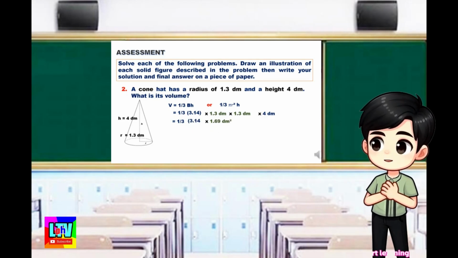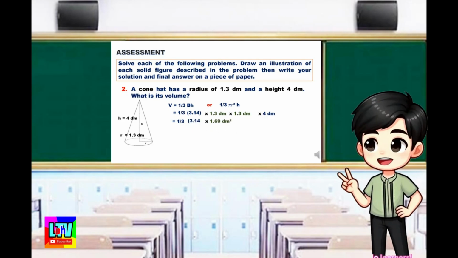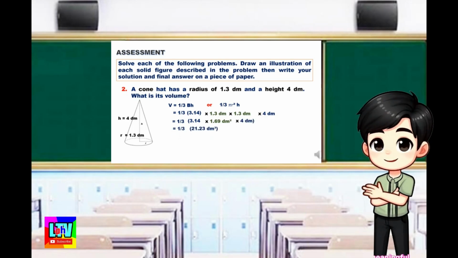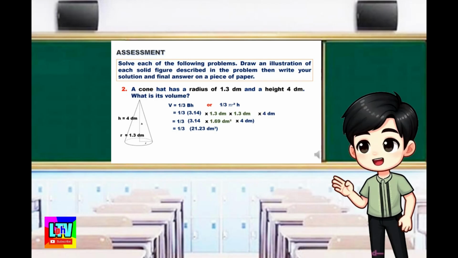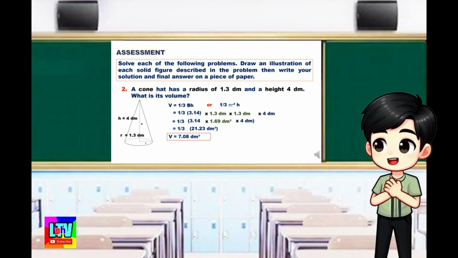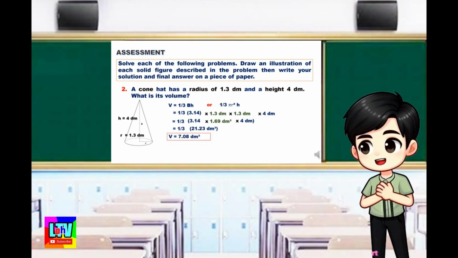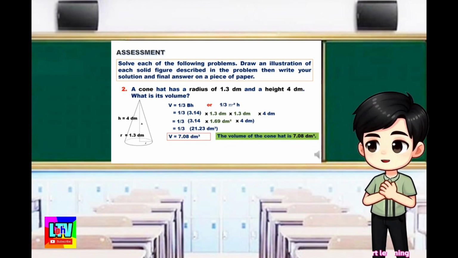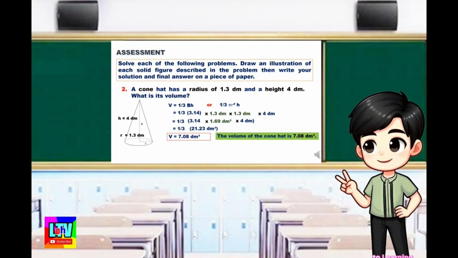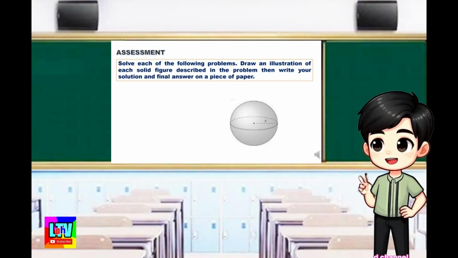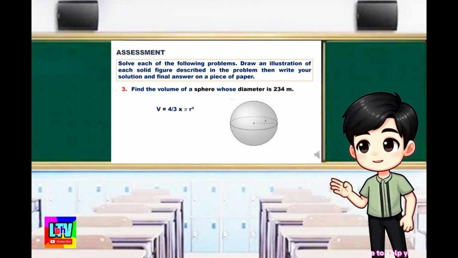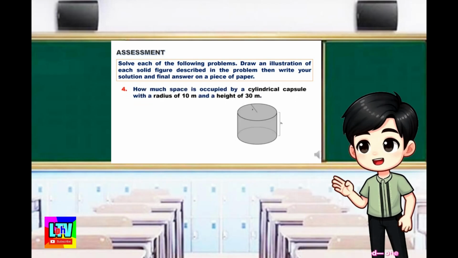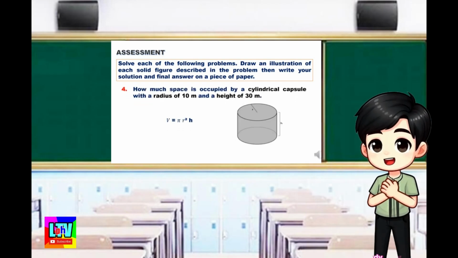So 1.3 times 1.3 equals 1.69 times 4 times 3.14 equals 21.23 cubic decimeters. Divided by 3 equals 7.08 cubic decimeters. The volume of the cone hat is 7.08 cubic decimeters. Subukan niyo ang sagutan ng number 3 gamit ang ating formula. At number 4 problem using this formula.